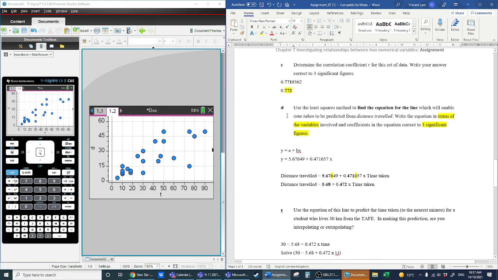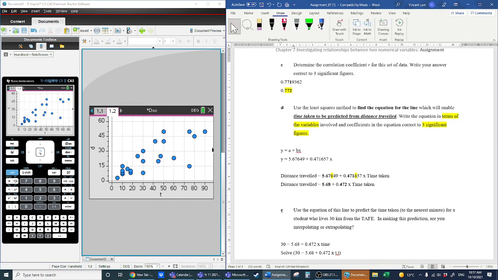Now this sentence is very important, and as per usual I should have read. We rarely do this to you, okay, but as you can see it can be done. We've decided that we need to make an equation where time can be predicted or calculated from distance traveled. In other words, time is now the y variable. So this is now the y variable, and this is now the x variable.